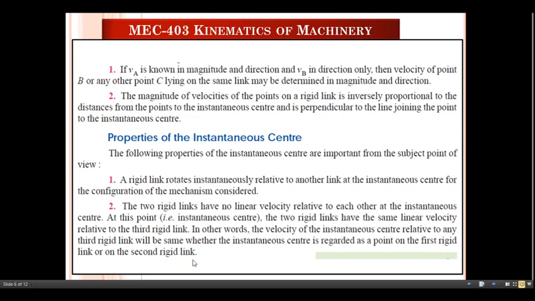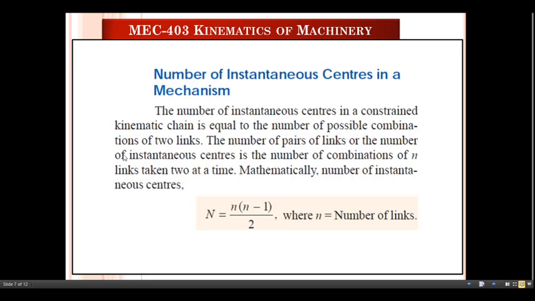This will be more clear to you with the help of the next part. Now see how we can get the number of instantaneous centers in the mechanism. For that, this is the formula. The number of instantaneous centers in a constrained kinematic chain is equal to the number of possible combinations of two links.